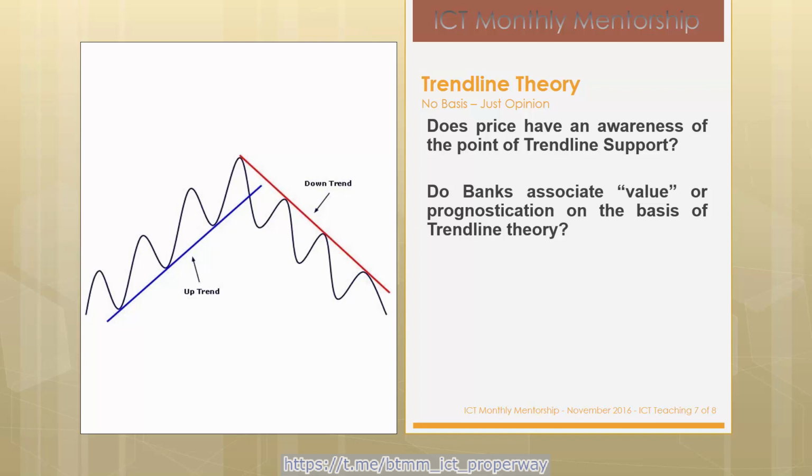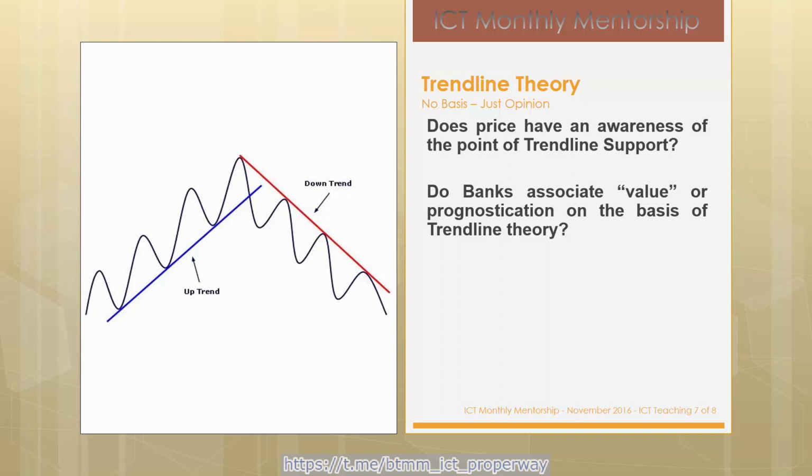And the reason why is because it's so subjective. You are associating future price movement to a level that hasn't been traded to yet. You're doing it on the basis of connecting two reference points in the past that don't have any bearing on what the future price is going to do. It has nothing.